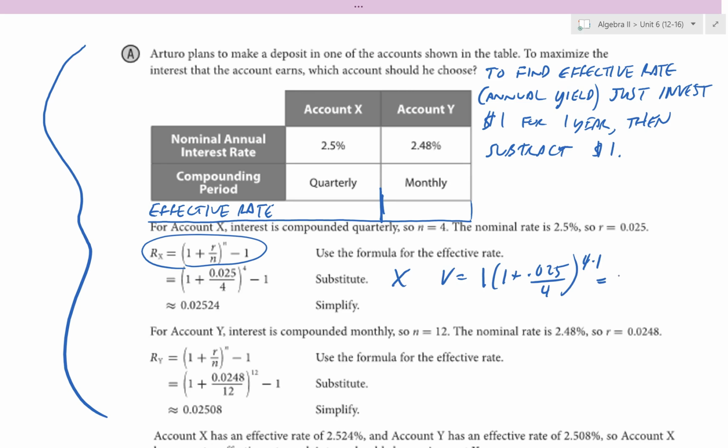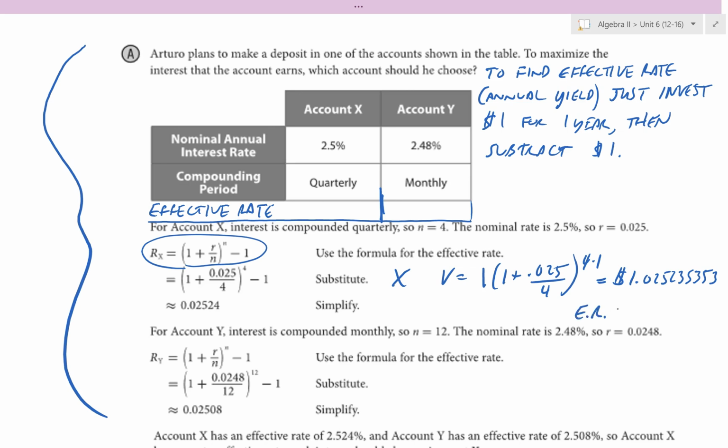So 1 plus 0.025 divided by 4, raised to the 4th power. This turns out to be 1.025235353. Take that dollar off and you find your effective rate.